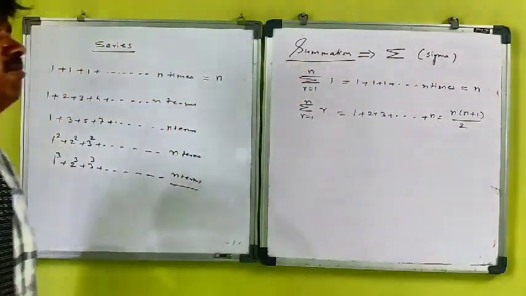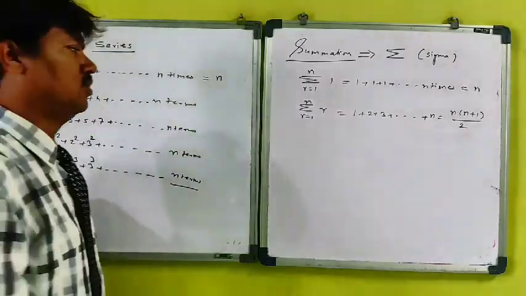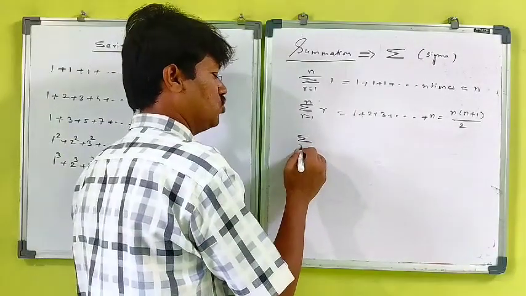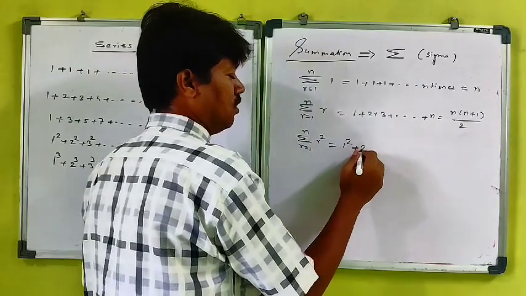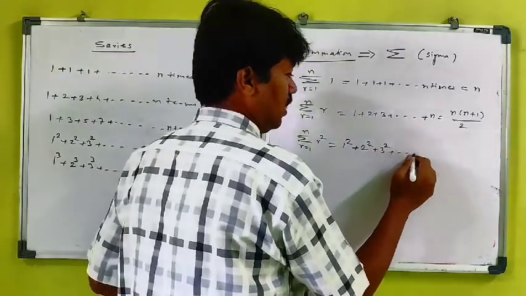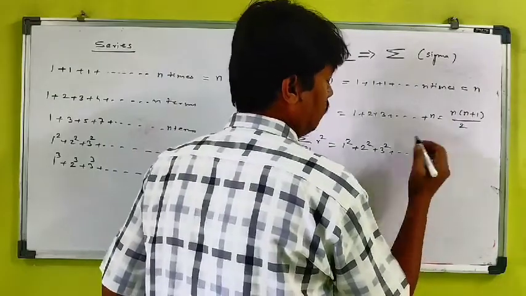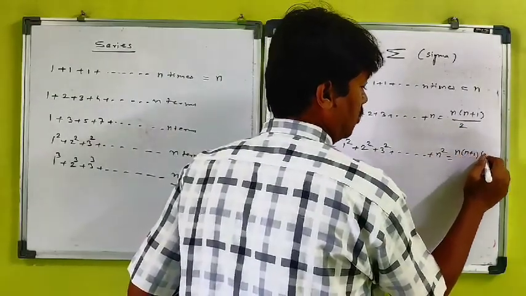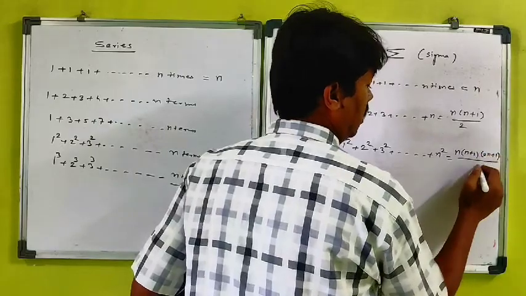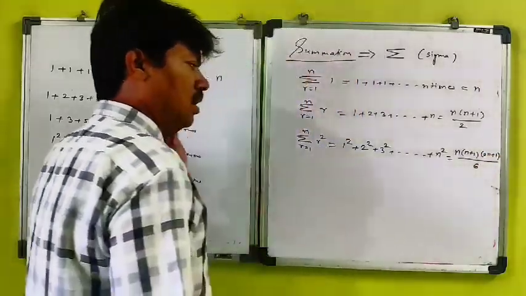That's the formula for sigma r. Next is sigma r square, r from 1 to n, which is 1 square plus 2 square plus 3 square up to n square. For this, the answer is n into n plus 1 into 2n plus 1 upon 6.